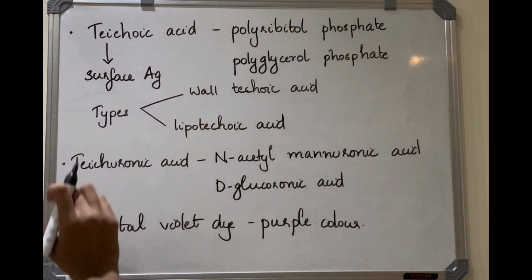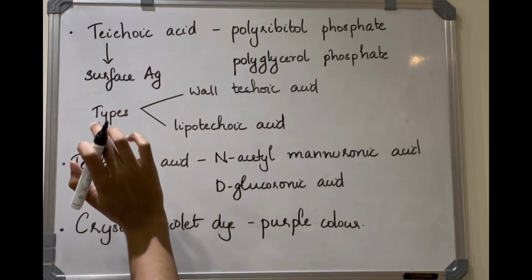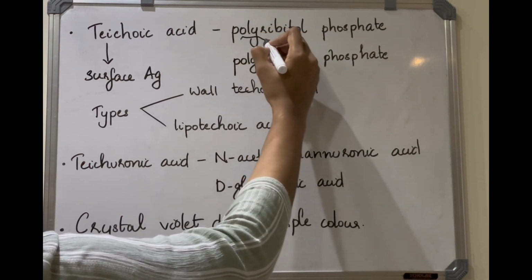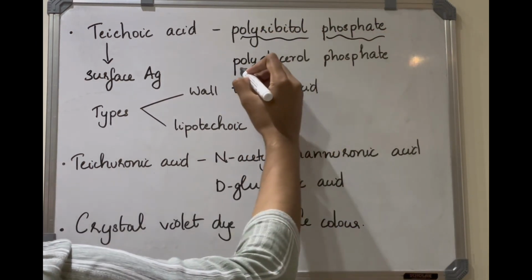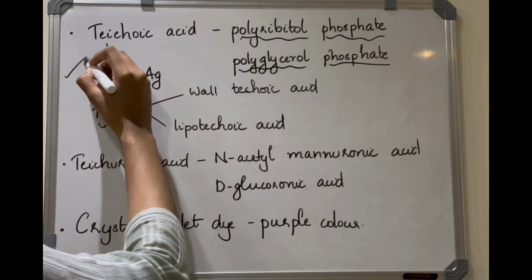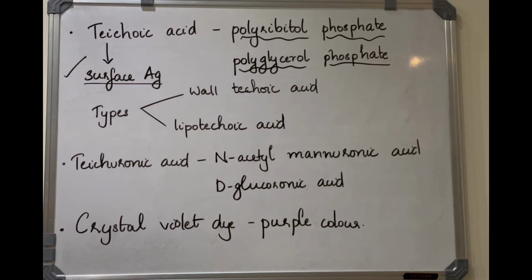Teichoic acid is made up of polyribitol phosphate or polyglycerol phosphate, and it is the major surface antigen of gram-positive bacteria.